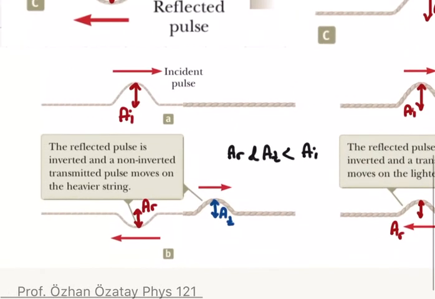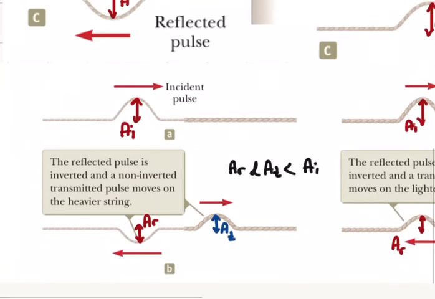So what do we mean by heavy and light strings? If I find that the propagation velocity is high on a string, that means it's a light string compared to a heavy string where the propagation speed would be low. So you will find that here for string A and string B, mu A is less than mu B. That's coming from a light string to a heavy string.